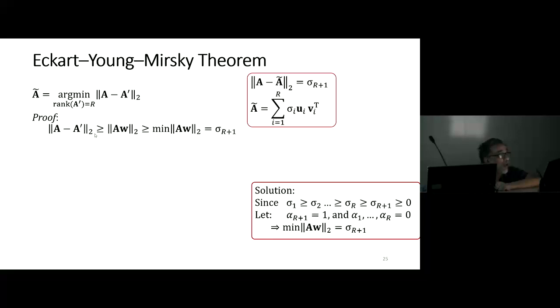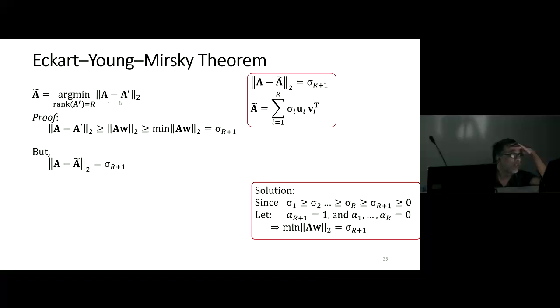So the L2 norm of A minus A prime can never be lower than sigma r plus 1, as long as A prime is of rank R. No matter how we choose our A prime, we can never be lower than sigma r plus 1. But we've already seen that A minus A tilde, where A tilde is of rank R, has an L2 norm of sigma r plus 1. Whence our theorem is proved.